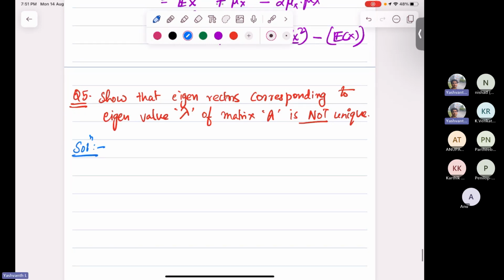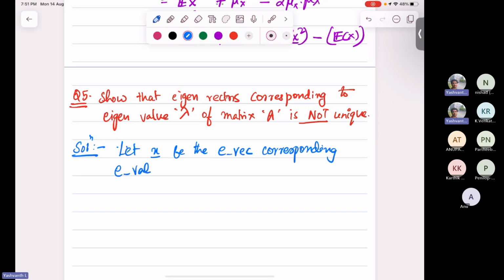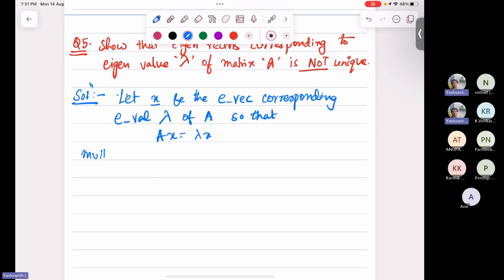Let x be the eigenvector corresponding to eigenvalue lambda of A, so that Ax equal to lambda x. Multiply by C on both sides, where C is some real number.